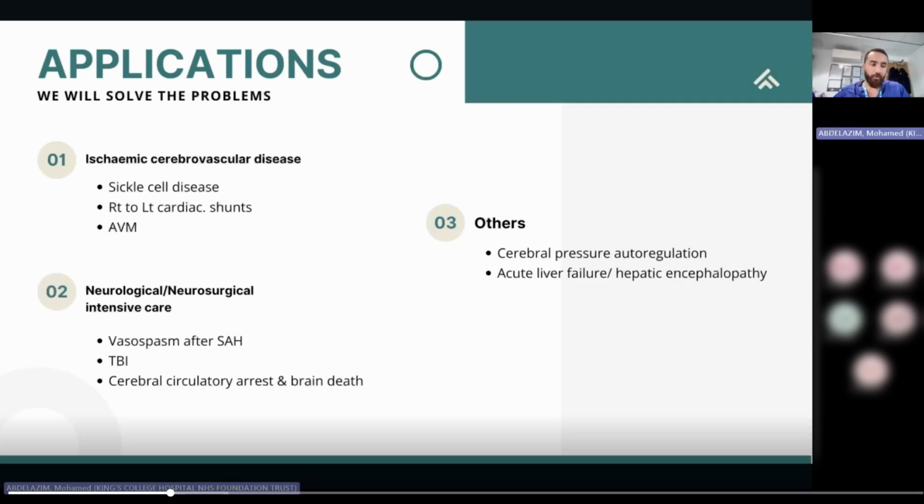The mean flow index is derived from the moving correlation coefficient between two things: one is the mean flow velocity in the cerebral arteries, and the second is either the cerebral perfusion pressure or the arterial blood pressure. So you get your mean flow index from those indices through the TCD, and that gives you insight about the brain's ability for autoregulation, which usually gets affected with various injuries.